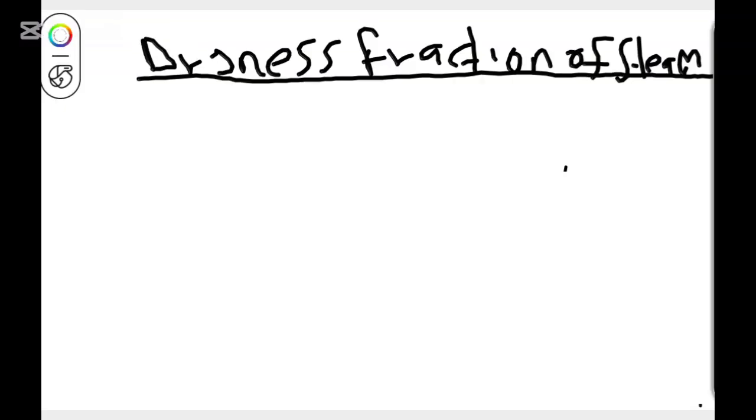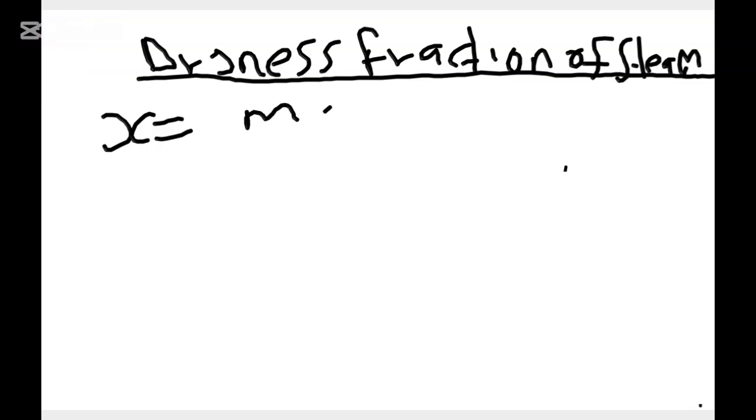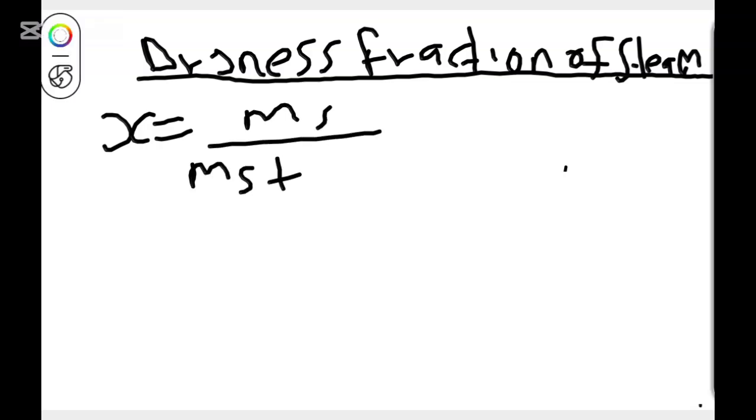And also we have the dryness fraction of steam. The dryness fraction of steam, X, is the same thing as ms divided by ms plus mw.